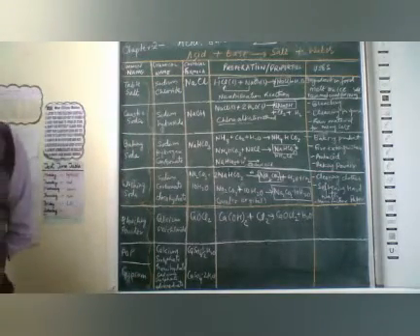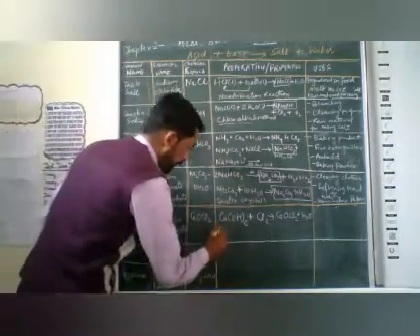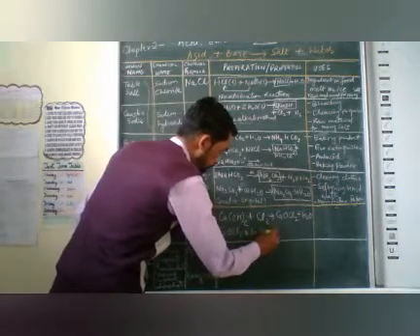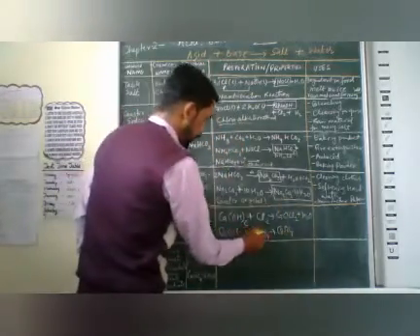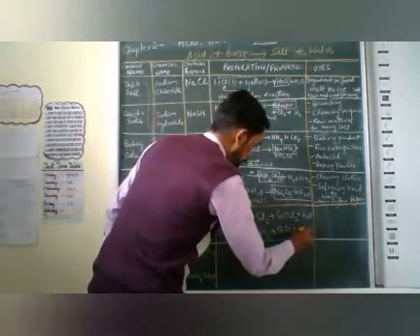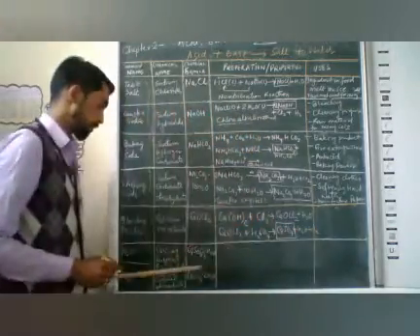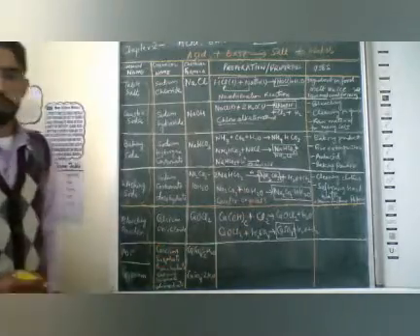Okay, and when it is reacted with dilute H2SO4, it will form calcium sulfate, H2O plus Cl2. This calcium sulfate will give us plaster of Paris and gypsum.